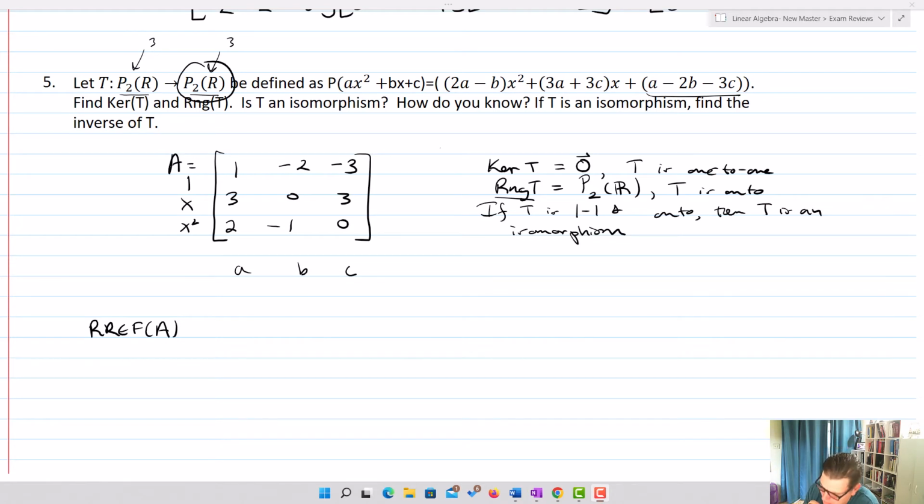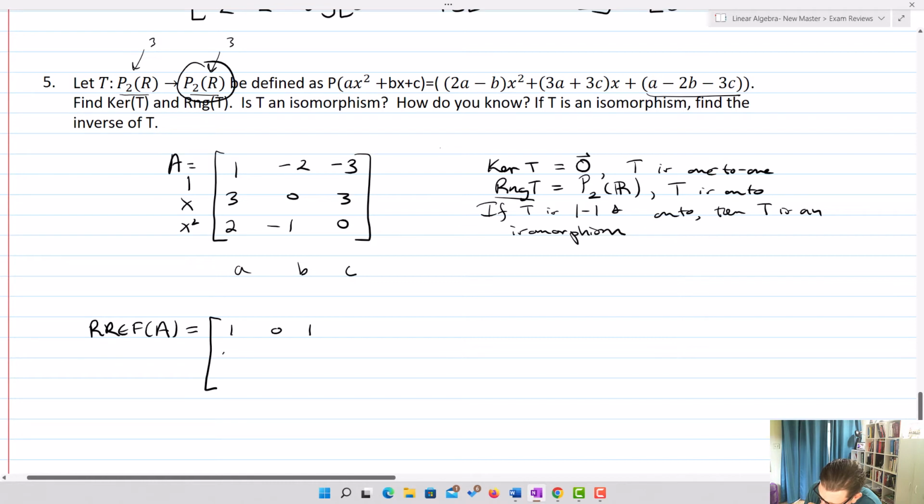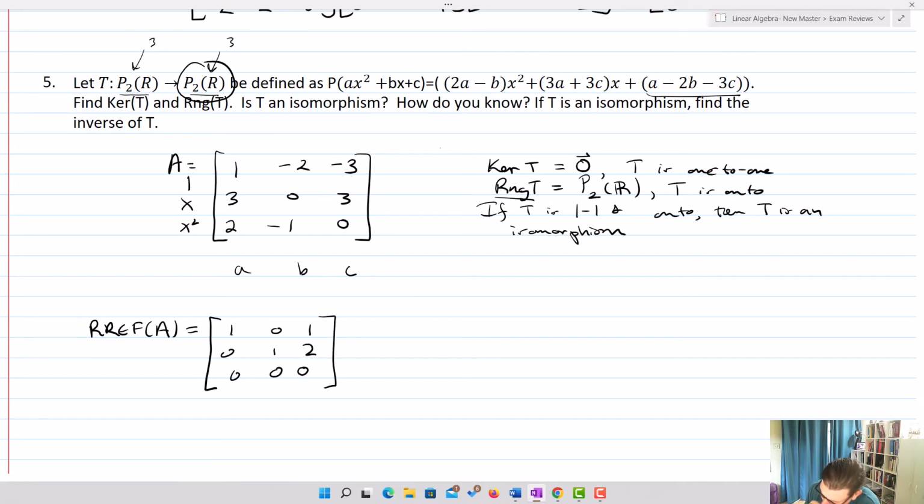So now when I take the RREF of A, what I get is 1, 0, 1, 0, 1, 2, 0, 0, 0. And so my null space of A, which is going to be my kernel of T, we'll turn that into the kernel of T in just a moment, is going to have x1 plus x3 equals 0, and x2 plus 2x3 equals 0.